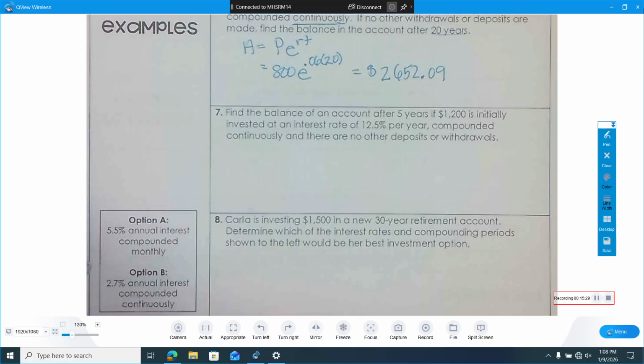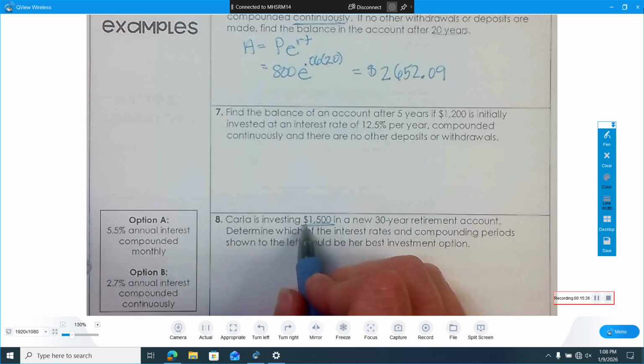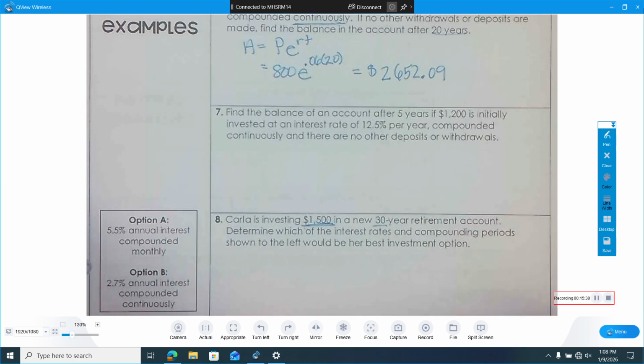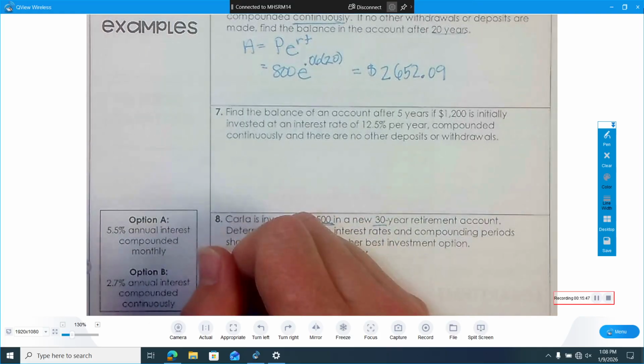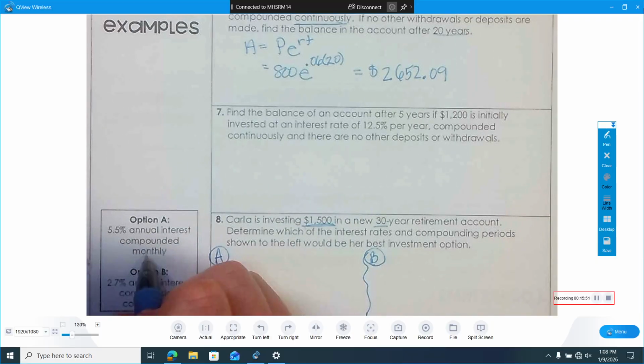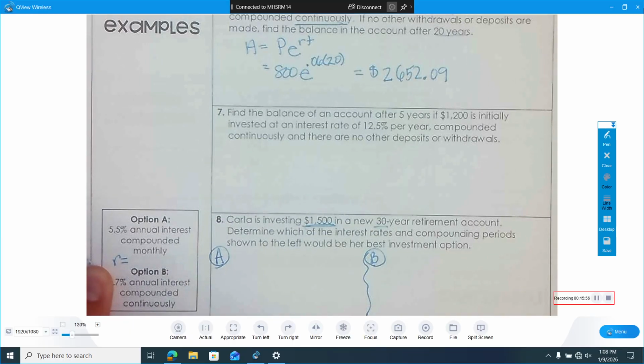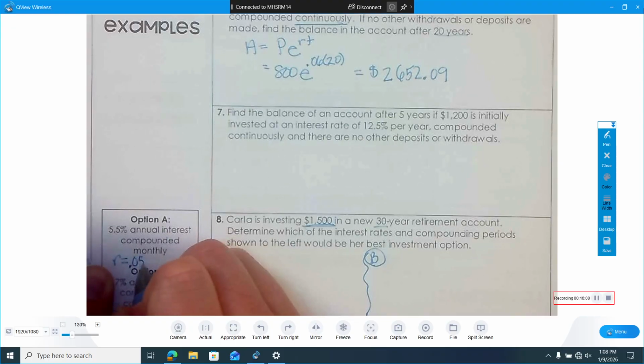Number 8. Carla is investing $1,500 in a new 30-year retirement account. Determine which of these interest rates and compounding periods shown at the left would be her best investment option. So for option A, we have 5.5% interest compounded monthly. So let's see, what would our R be for option A? 0.055.